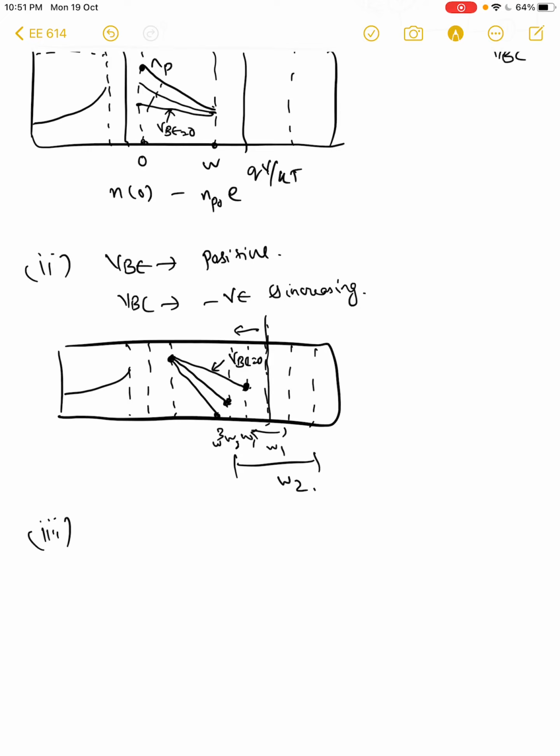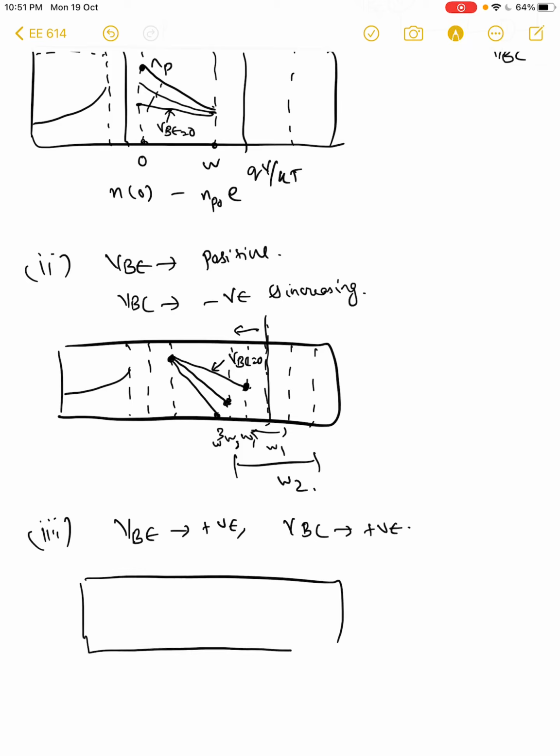The third situation is when VBE is positive and VBC is positive. This is what we call saturation, because both these junctions are forward biased. So let us draw this. It's an interesting situation.